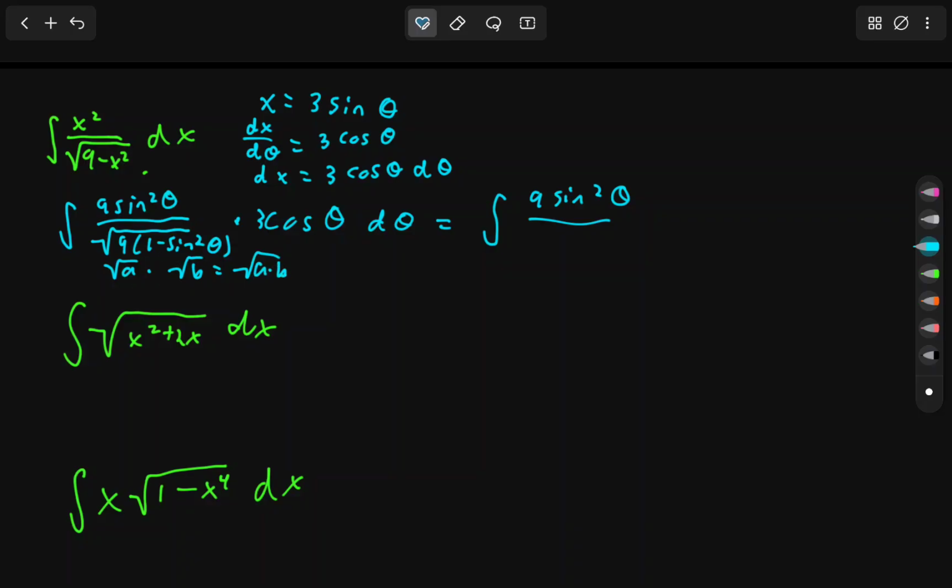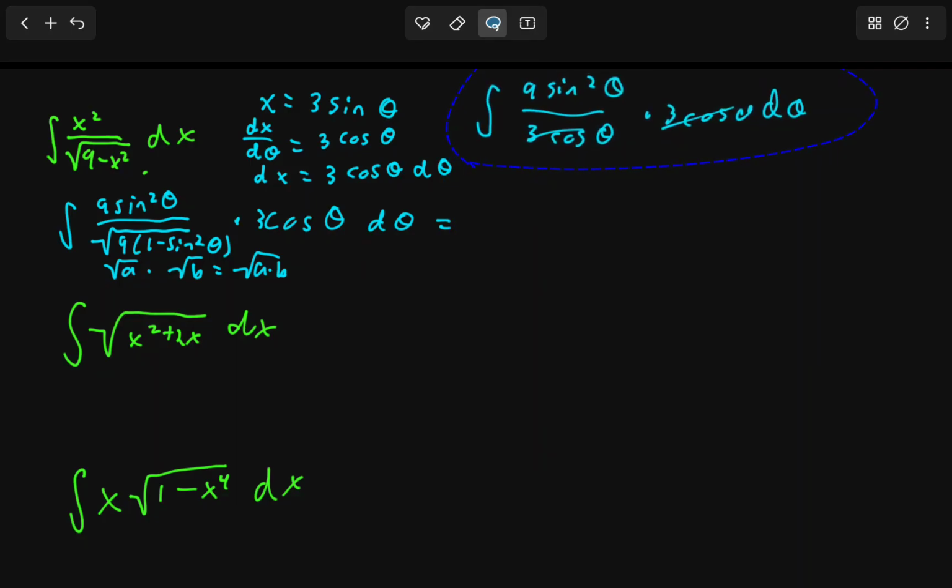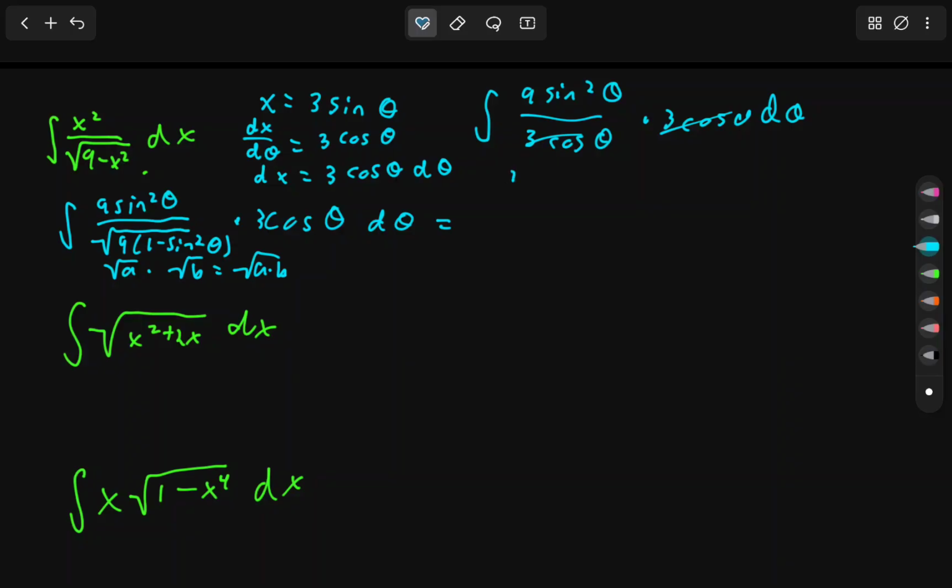It distributes, so we get 3, and in this case, 1 minus sine squared is cosine squared, so we can cancel the squares, and it just leaves us with a cosine of theta times 3 cosine of theta d theta. Well, the 3 cosine of theta and the 3 cosine of theta will cancel. Alright, we are now in a good spot where we can evaluate this.